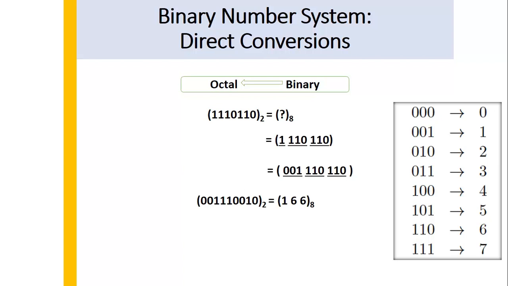So it becomes 110 as one group, 110 as one group, and 1 as one group. So 1 has just 1 digit. Let's put 2 zeros in front of it and we make 3 groups of 3 bits each. So 001 is 1, 110 is 6, 110 is 6. The octal equivalent of 1110110 is 166.